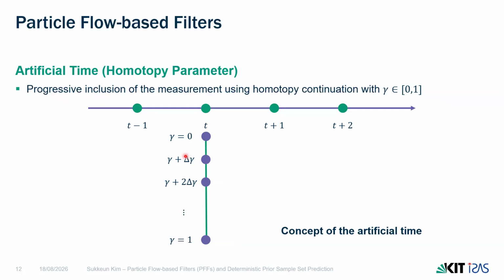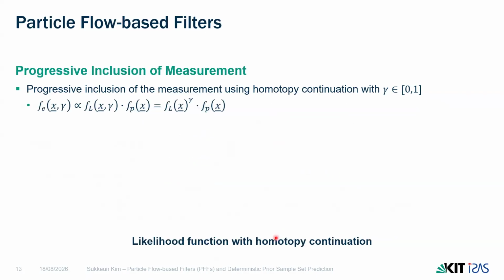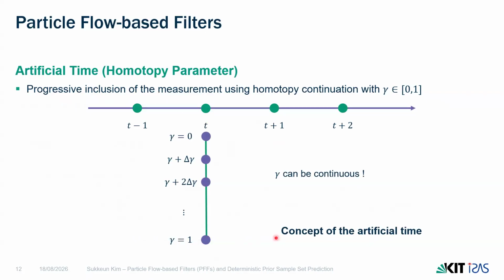So for example, we have gamma equal to 0 to 1 at time step t, and then at time step t+1, there will be another gamma equal to 0 to 1 as well. Also, gamma here I just showed in a discretized way, but it could be continuous as well.